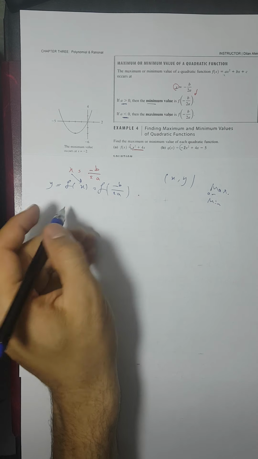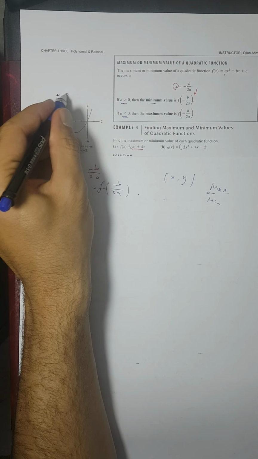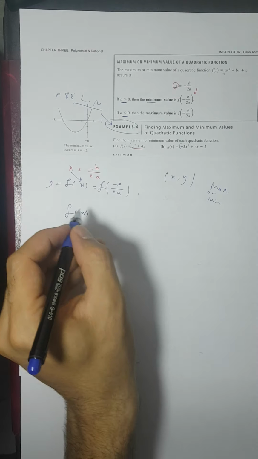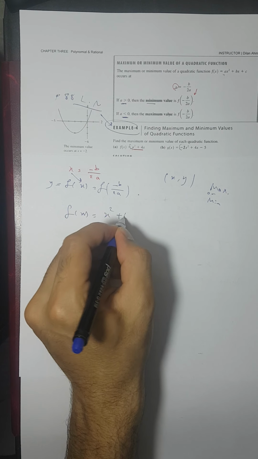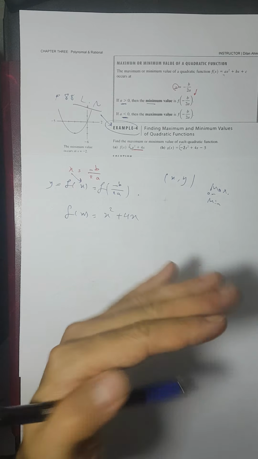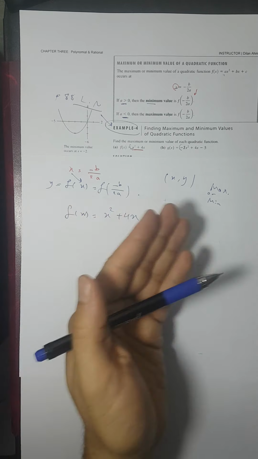Okay, so I have f of x in example 4, page 88 in your lecture note. Say f of x is equal to x squared plus 4x. If you have a function like that, tell me quickly, directly, without graphing, about the maximum and minimum.